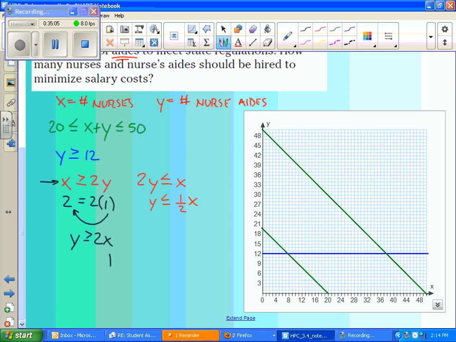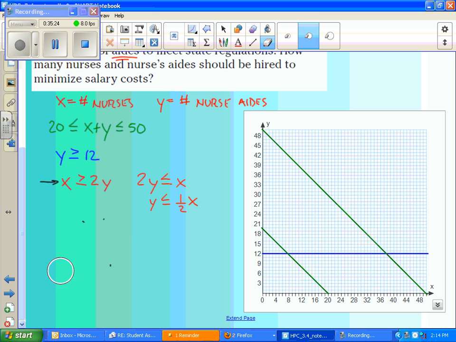So it's this guy. Because if I put one nurse in there, that gives me two nurse's aides. Now I'm doubling on nurse's aides, and that's a bad thing. I'd rather double on nurses. And I know it's a little confusing, right? All right. Go back to this. So graphing y equals 1/2 x is going to be that right there.